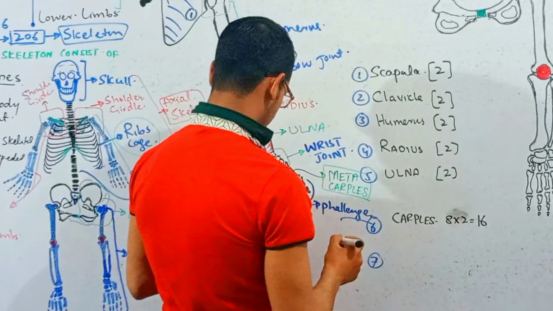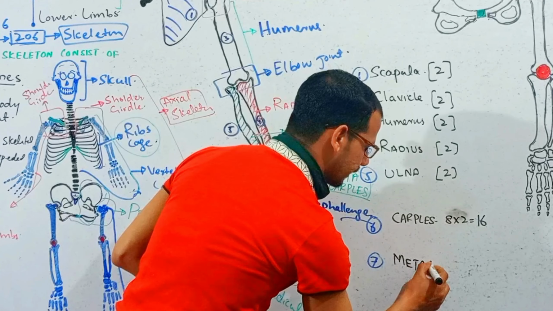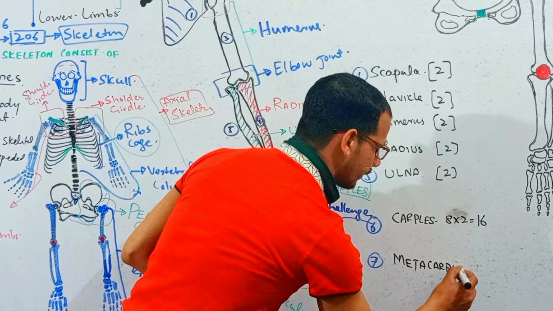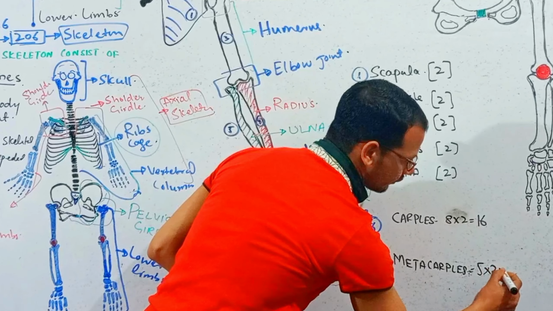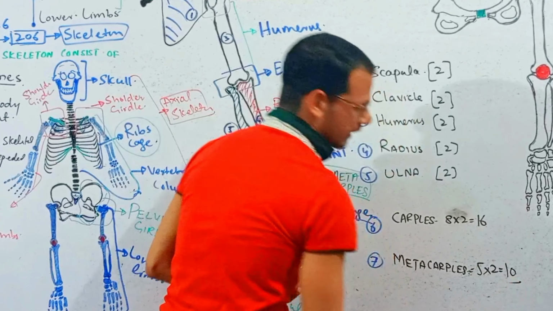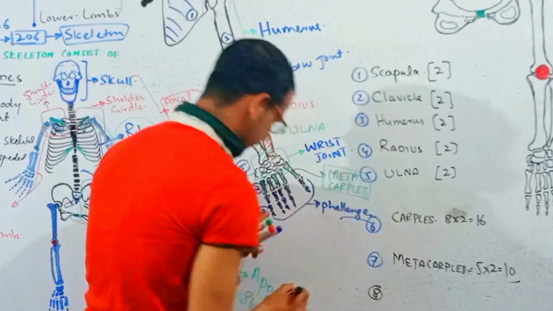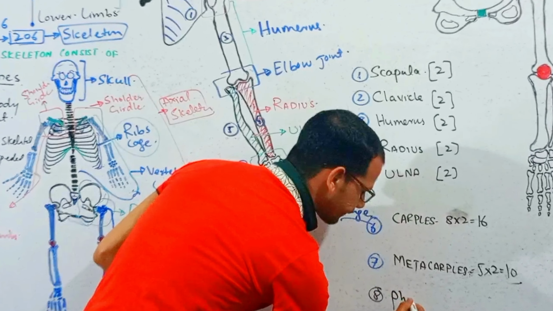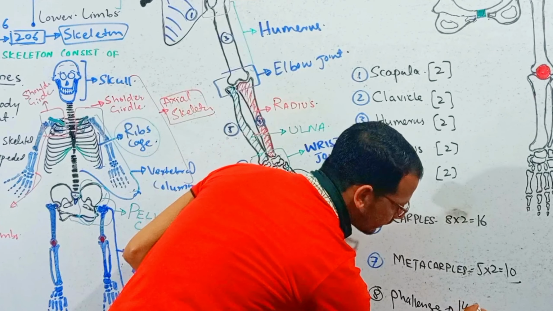Lastly, we have the metacarpals, right? And we have 5 metacarpals in each hand, and we have 2 hands, so we have 10 metacarpals. And then we have phalanges. In each hand we have 14 phalanges.